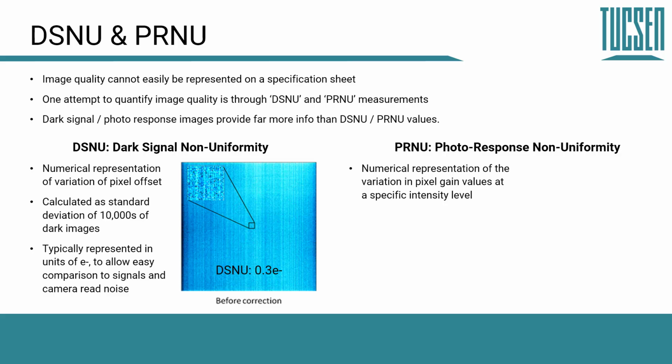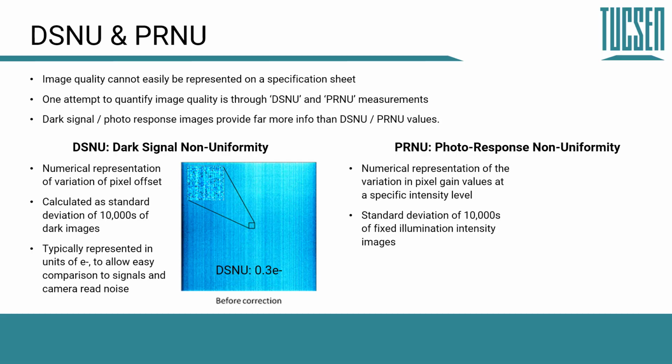And in general, all non-scientific cameras are highly non-linear. They actually don't respond linearly to light, with more signal directly meaning higher outputted values, in the case of non-scientific cameras. Scientific cameras are deliberately designed to be as linear as possible, and they are significantly more linear than non-scientific cameras, but there still might be some small variations. And PRNU won't really capture that because it's only choosing one specific intensity level to represent things at.